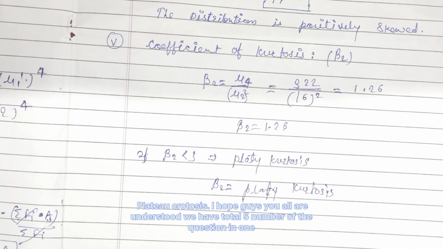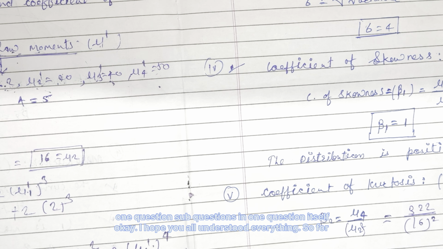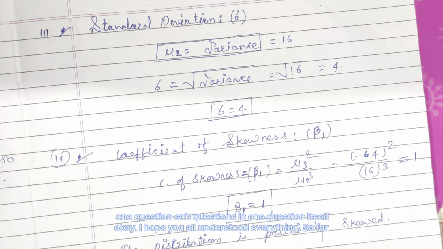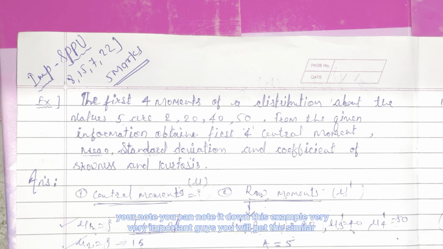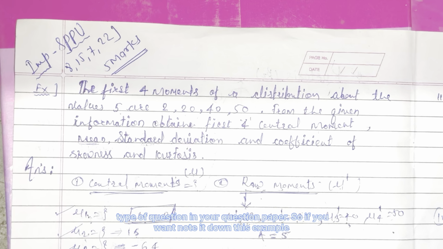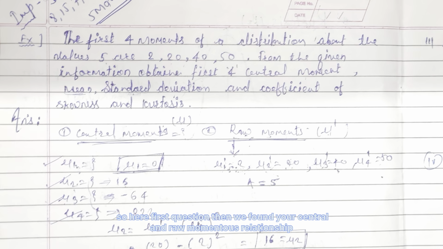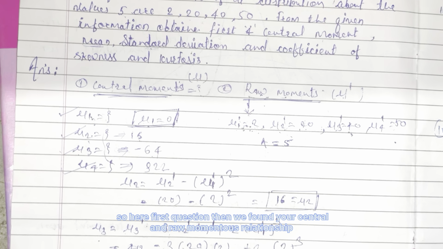I hope you all have understood. We have a total of 5 sub-questions in this one question. For your notes, you can note down this example. It is very important, as you will get a similar type of question in your question paper. Here in the first question, we found the central and raw moments relationship.